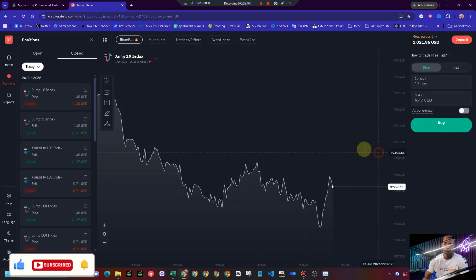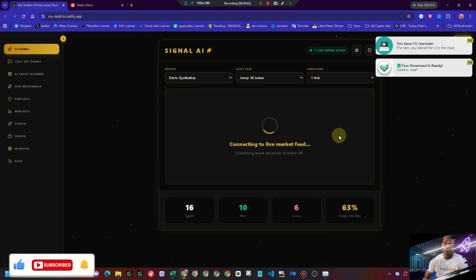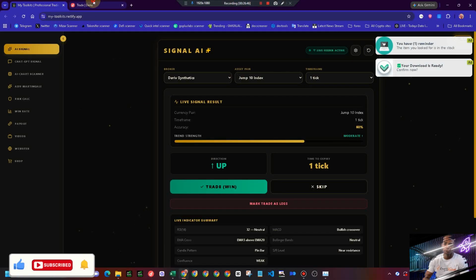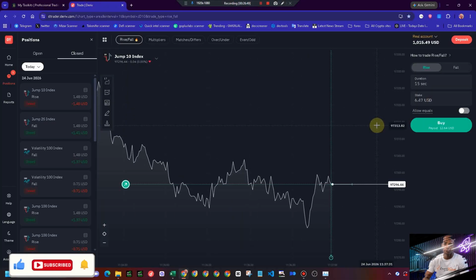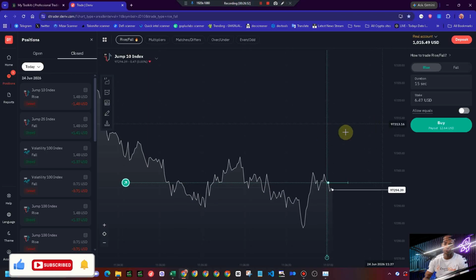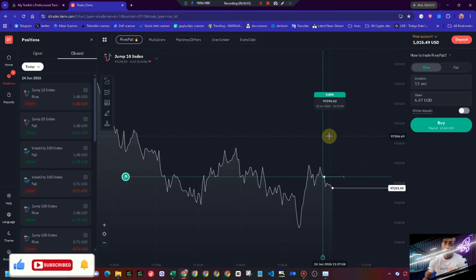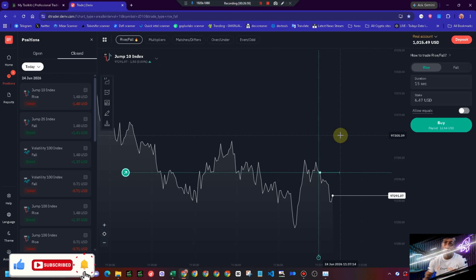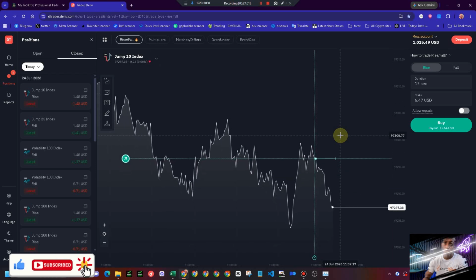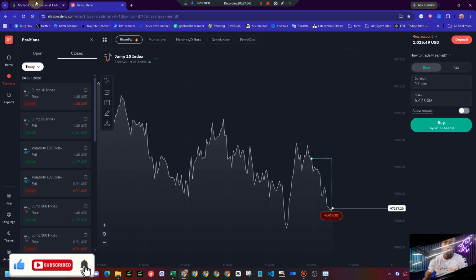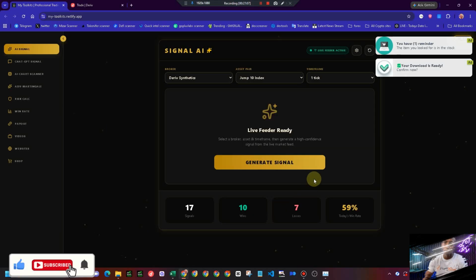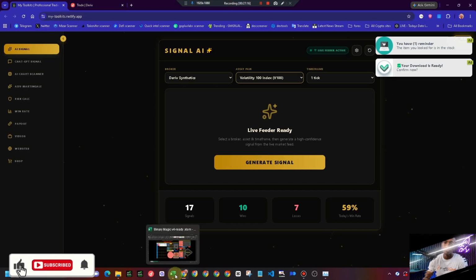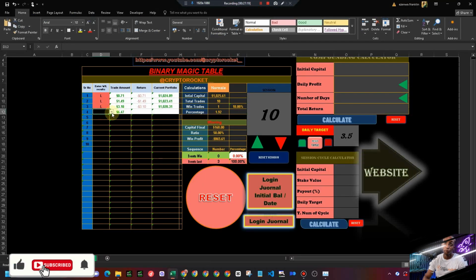So we'll generate again, up again. We lost this one too. I'll change it to Volatility 100, and select loss. We have 13.50.